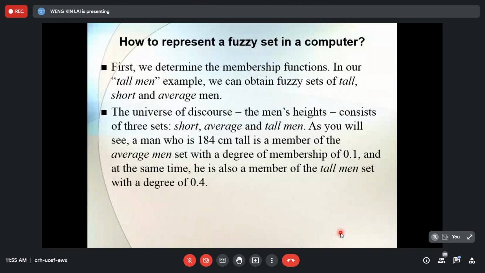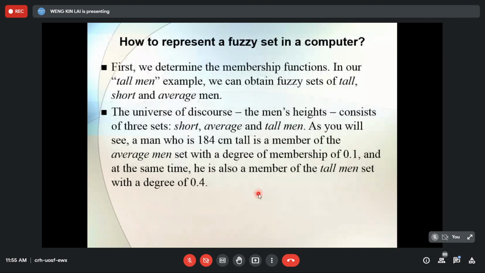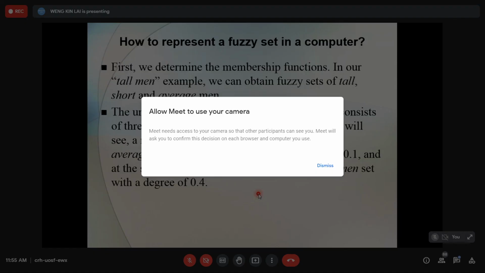Okay. First, how do we represent a fuzzy set in a computer? Because we are still trying to use this theory to build an intelligent system in a computer. So firstly, we will have to determine the membership functions.